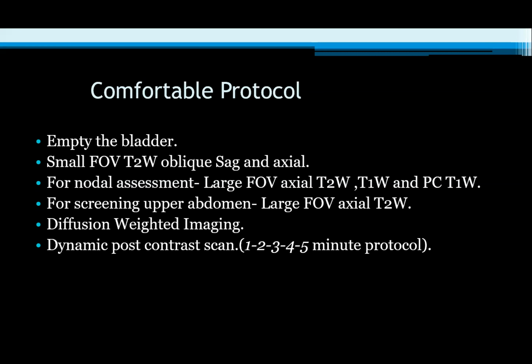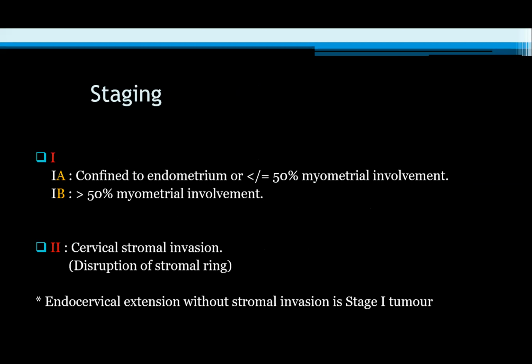Small FOV T2-weighted oblique sagittal and axial sequences are a must. For nodal assessment, we use large FOV axial T2-weighted, T1-weighted and post-contrast T1-weighted sequences. For screening of the upper abdomen, we use large FOV axial T2-weighted images, and we add diffusion-weighted imaging and dynamic post-contrast imaging to the protocol.